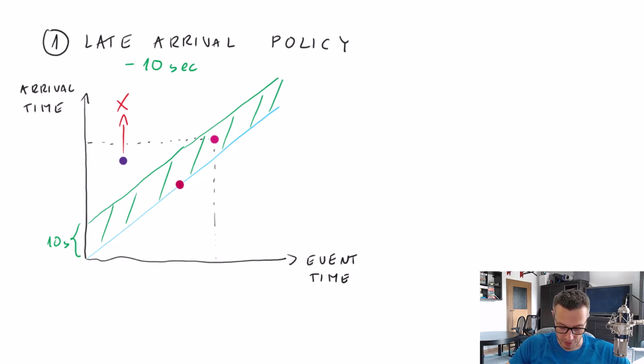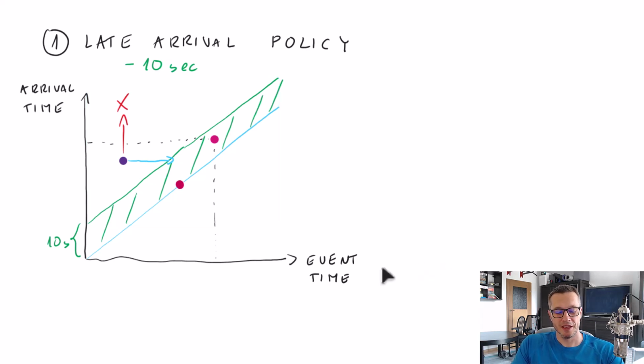So what Stream Analytics will do is adjust this event's event time to look as if it arrived just at the last possible moment in time, so it would still fit into our late arrival policy.